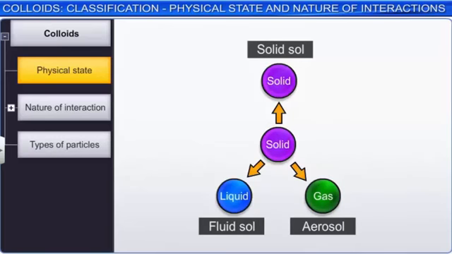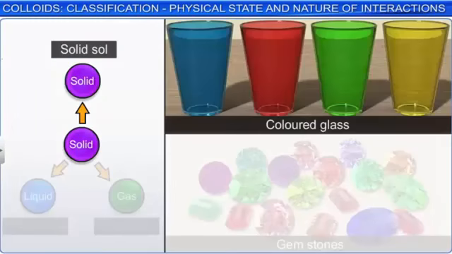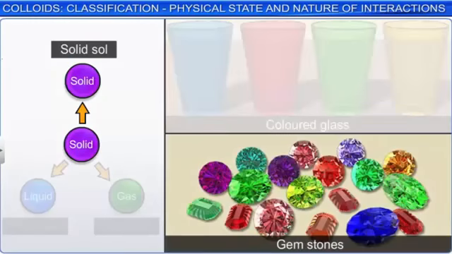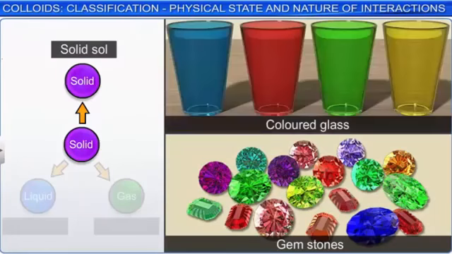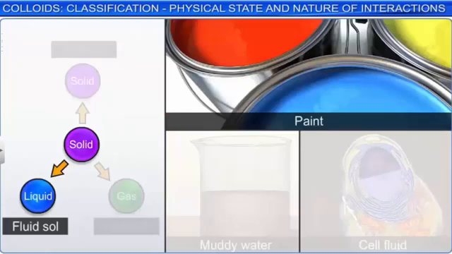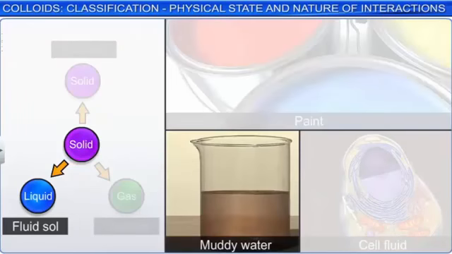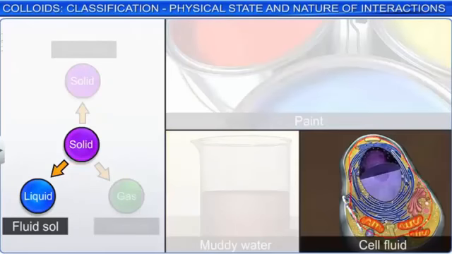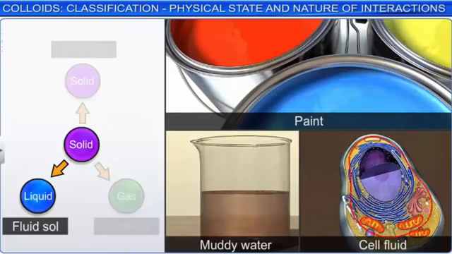Colored glass and gemstones are examples of solid sols. Paint, muddy water, and cell fluids are fluid sols. Fluid sols are mostly referred to as sols.